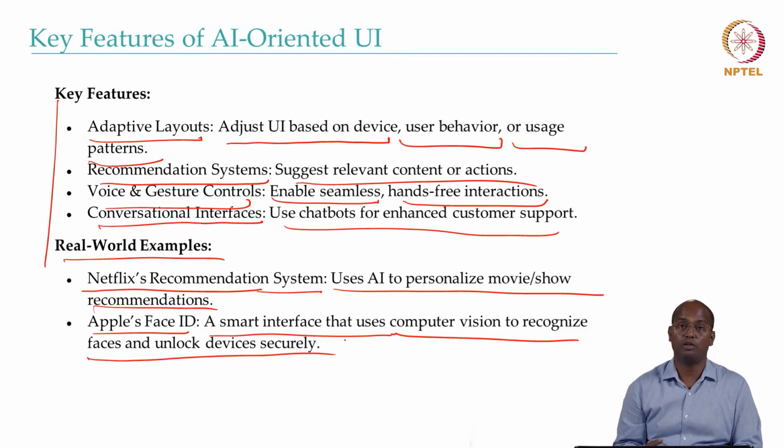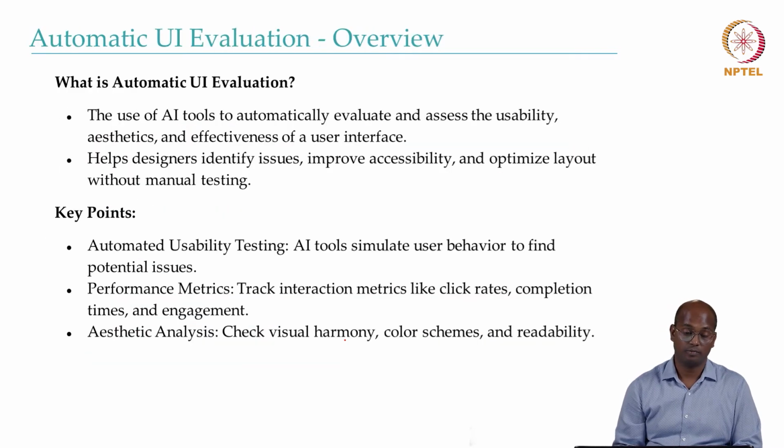Many of you use different smartphones. The way you unlock the phone with the fingerprint, with the eyes, with the face, you can make it even more complex or simpler. You can think of the role of AI or the smart UI there to make it more fun or more robust.